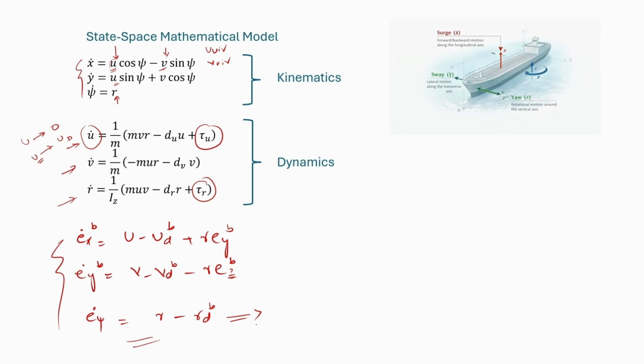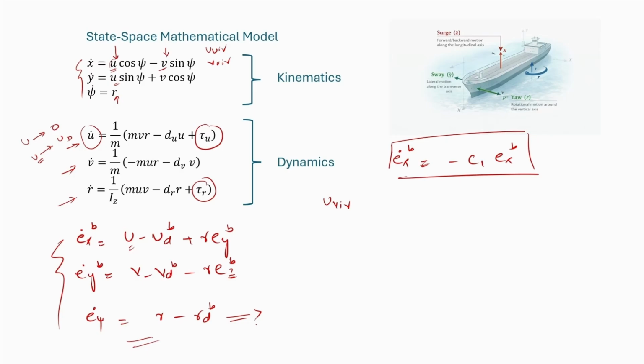The reason behind why we took the derivative of the yaw angle will be evident to you now. Over here, we have Ex dot B. We always want our system to be stable. For example, this is some constant C1. If we can achieve this criterion, our system will be stable, right? So what I can do over here is choose this U as a virtual variable, which will go to the kinematics.